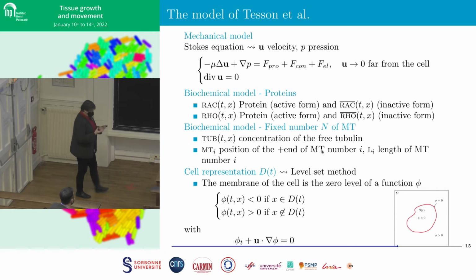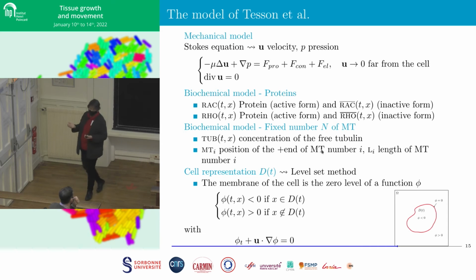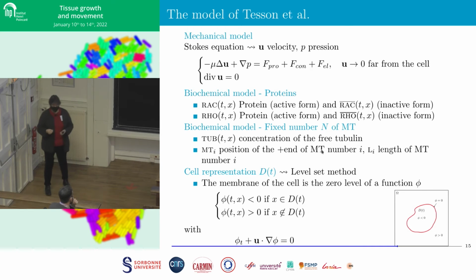And we suppose that we have a certain number n of microtubules, somewhere at the front, somewhere at the back to handle the contractility. And for each microtubule, we keep the position of the cap and the length of the microtubule.